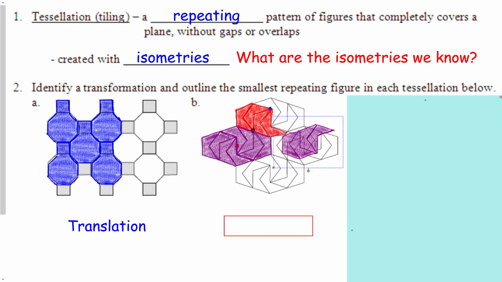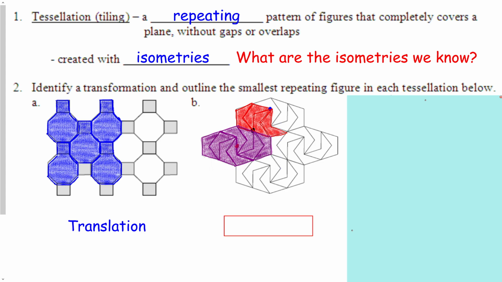if you look closely, once I get this lined up, you won't have the smaller interior sections lining up. You can see the purple lines don't line up with the lines that are already printed. So a reflection would not be a correct option here. But I could do another rotation.